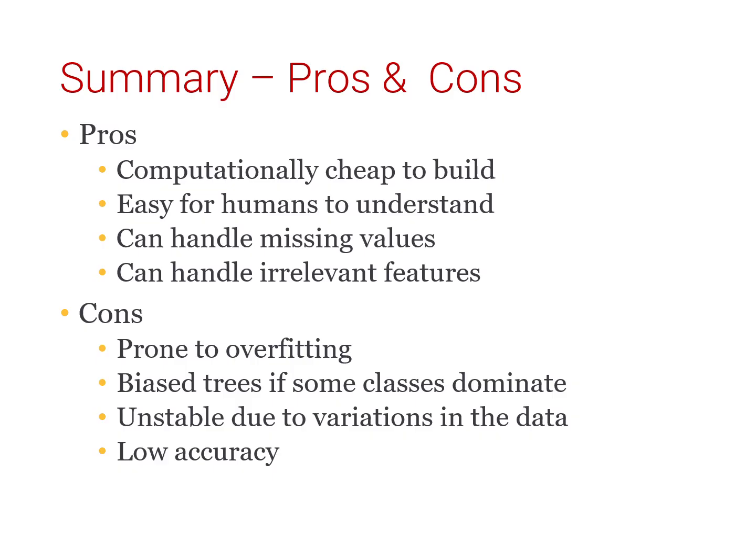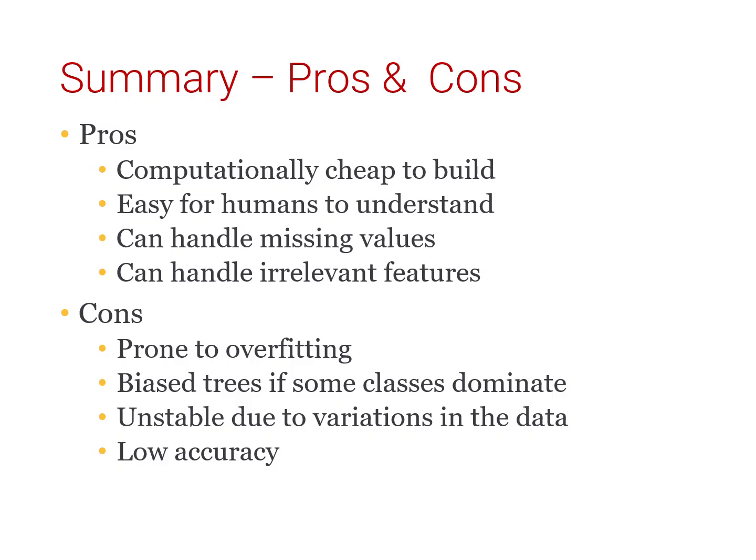One of the primary concerns is their propensity to overfit the training data. Overfitting occurs when the tree becomes too complex, capturing noise and idiosyncrasies specific to the training set. An overfitted tree may exhibit excellent performance on the training data, but fail to generalize well to unseen examples. This can lead to poor predictive accuracy when applied to new data.